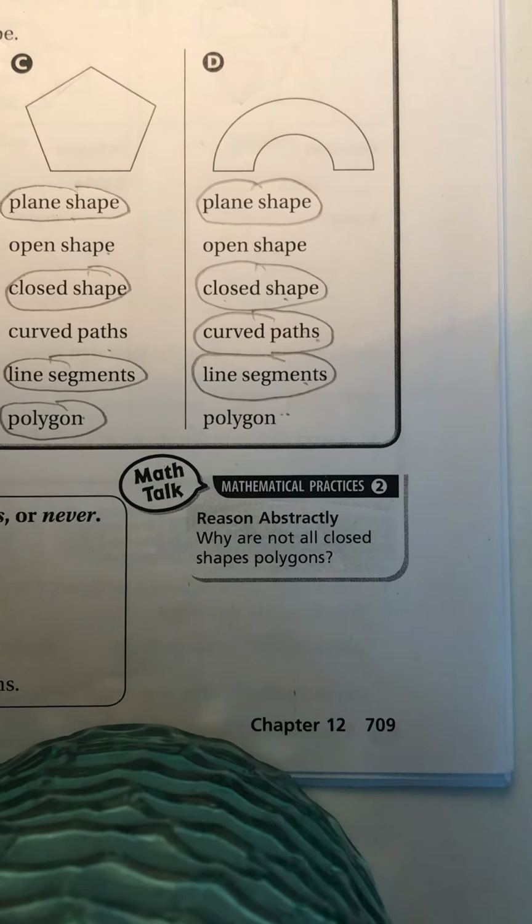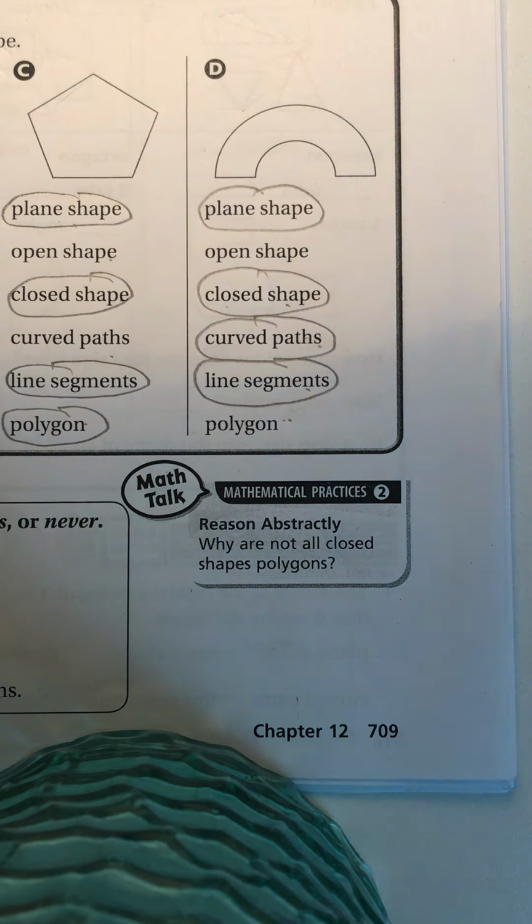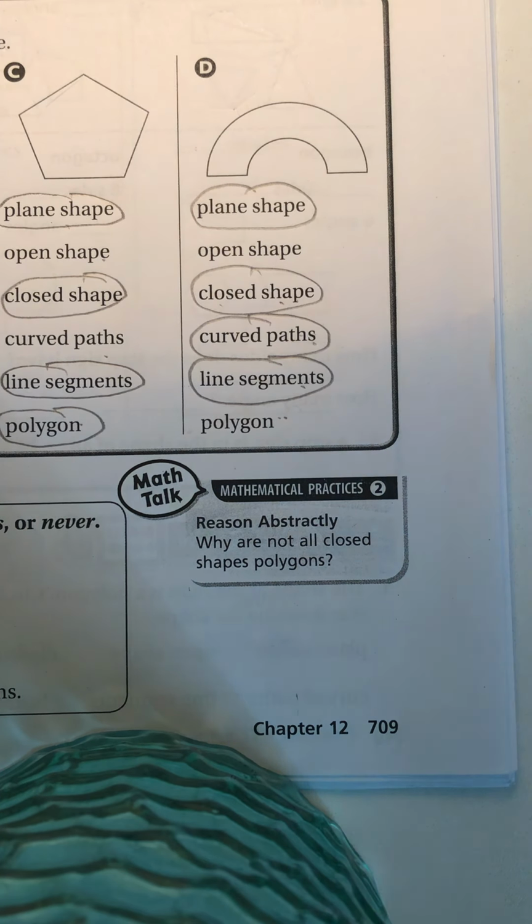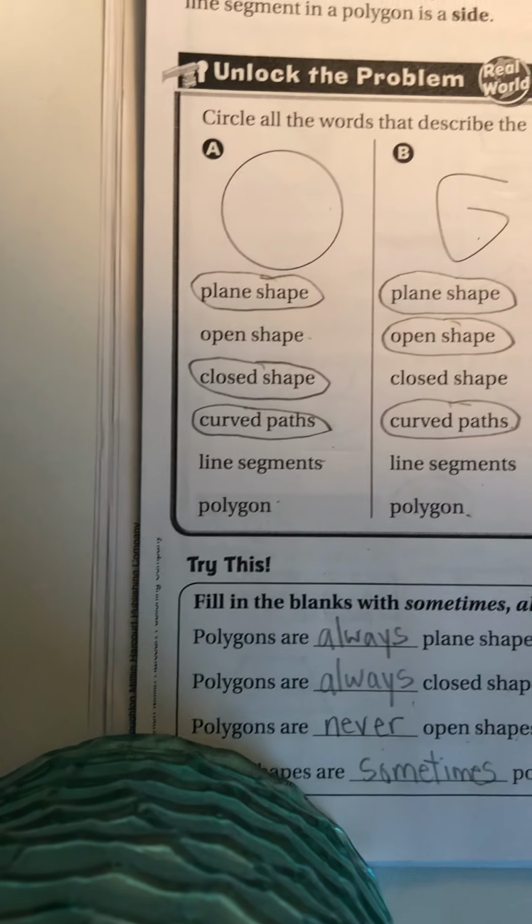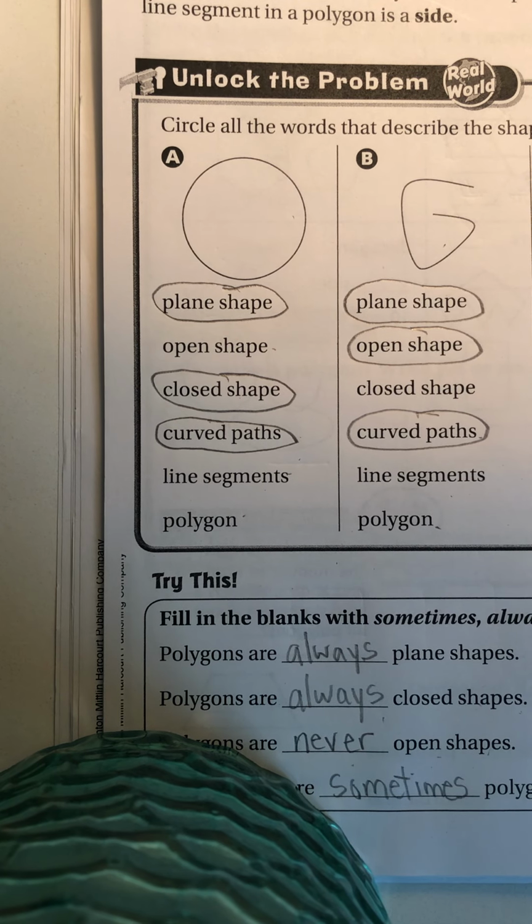Now look at the math talk. It says reason abstractly, so they're asking you to think about this in your head. Why are not all closed shapes polygons? You figure all closed shapes would be polygons, but we already talked about the circle. The circle's closed, but it's not a polygon.